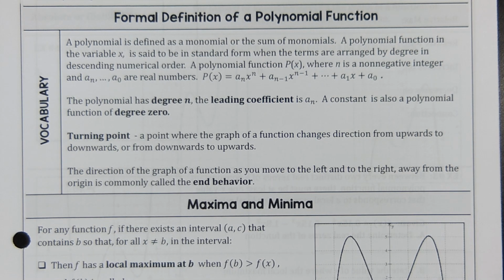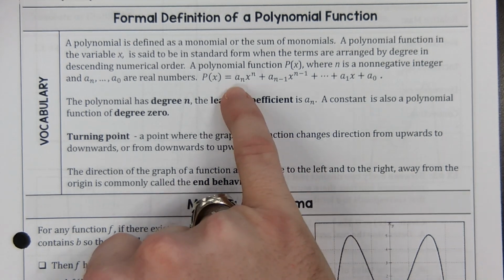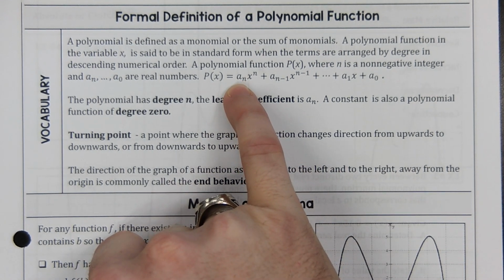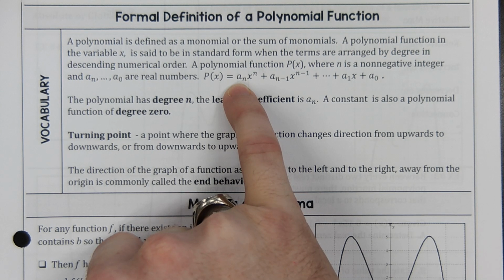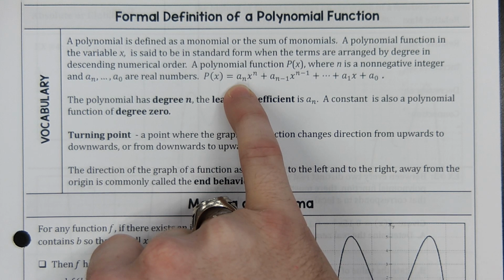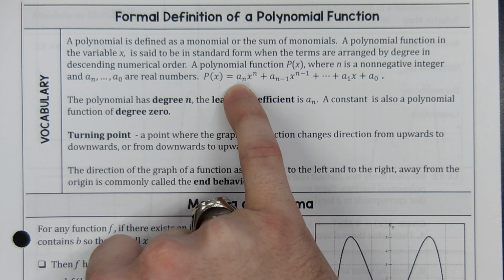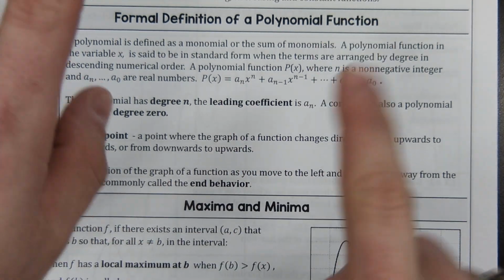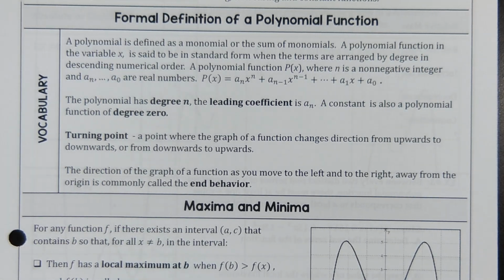So x to the 5th with all kinds of other x stuff, that's a 5th degree polynomial. Quadratics, second degree polynomials. The number that sits in front of the variable with the biggest exponent is called the leading coefficient. The leading coefficient is important to us because it'll often tell us some information about the end behavior, which way the endings are pointing and stuff like that. You should remember that kind of stuff from Algebra 2.